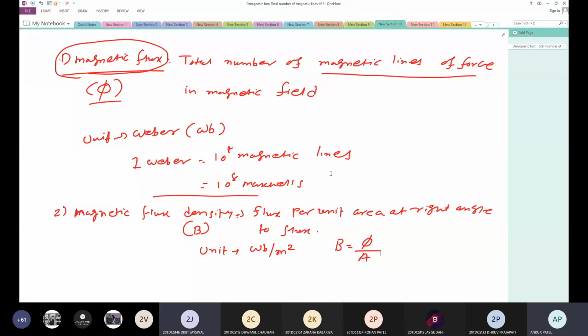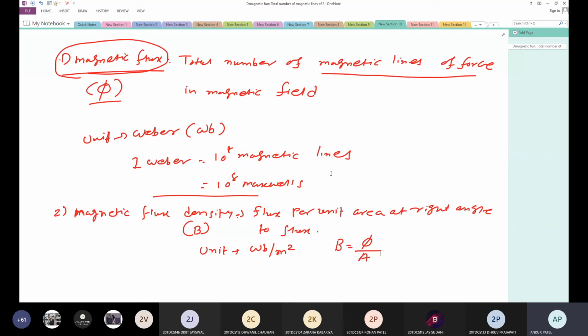Current induced in a loop, or we can say whenever a conductor cuts the magnetic flux, EMF is induced in it. Okay, so that is the first law of Faraday. According to that, whenever a conductor cuts the magnetic field or flux, EMF is induced in it.